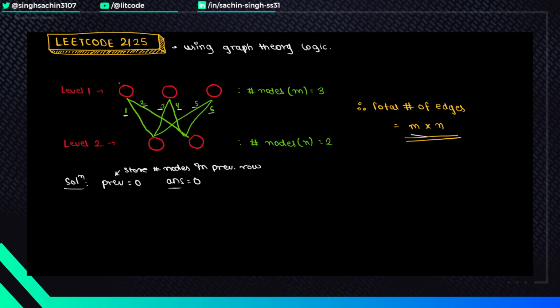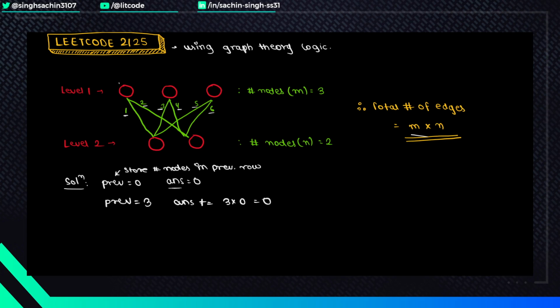So starting with this, we are at level 1. We calculate 1, 2, 3, we have three nodes, so previous will become 3. But answer will be 0 only, because previously it was 0. So answer plus equals 3 into 0, which will be 0 only.